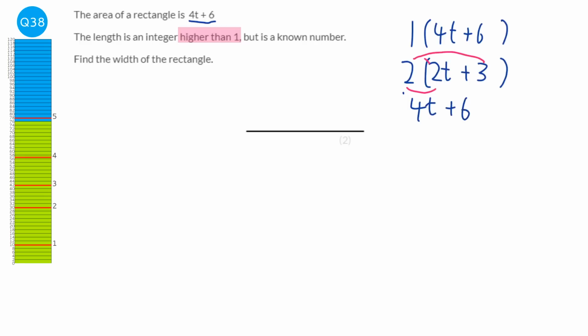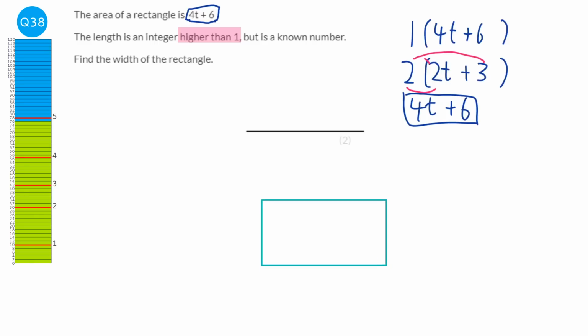So that works because that is the same as this in the question. So we know that 2 times 2t plus 3 works. In fact, it's the only one that works with it being an integer. So we therefore know that the known side, because it says it's a known number, is 2.